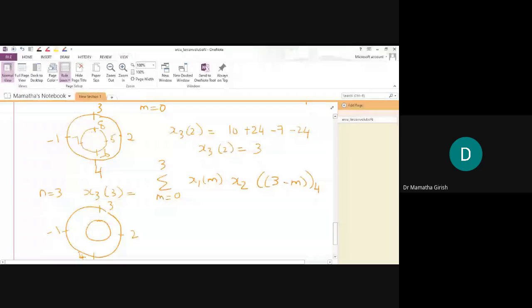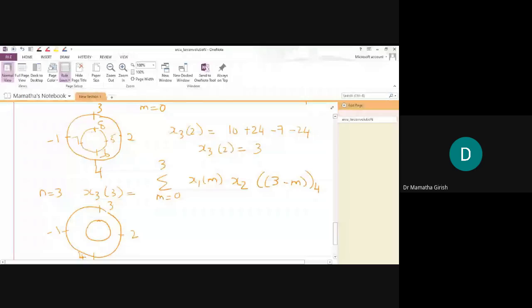Now 5 has to be shifted once, so 5 comes over here, 8 comes here, 7 comes over here, and -6 comes over here.